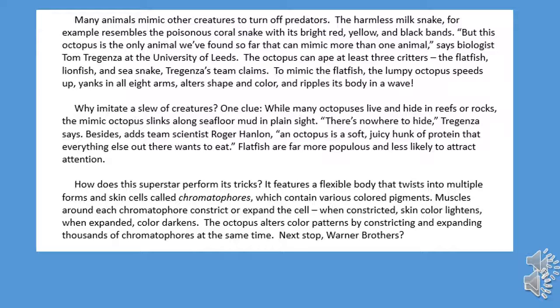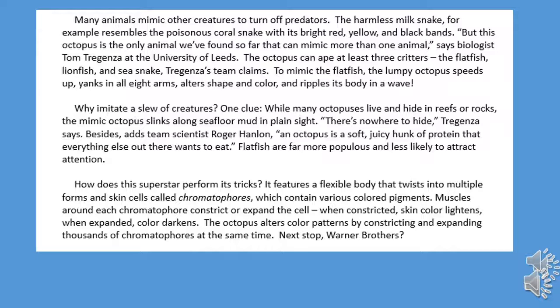Besides, adds team scientist Roger Hanlon, an octopus is a soft, juicy hunk of protein that everything else out there wants to eat. Flatfish are far more populous and less likely to attract attention. How does this superstar perform its tricks? It features a flexible body that twists into multiple forms and skin cells called chromatophores, which contain various colored pigments.